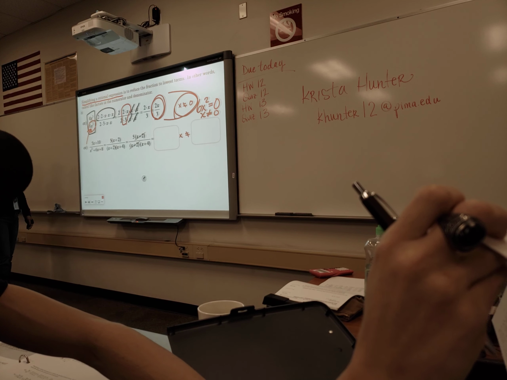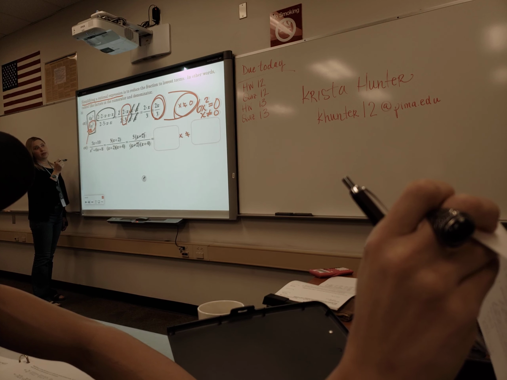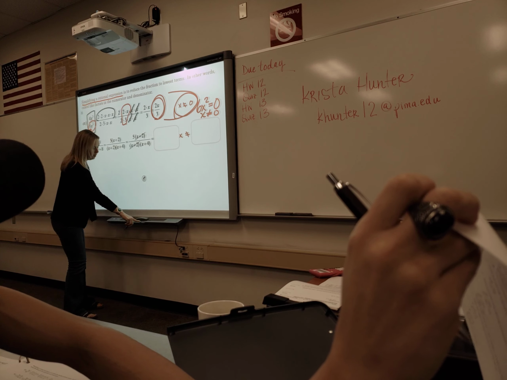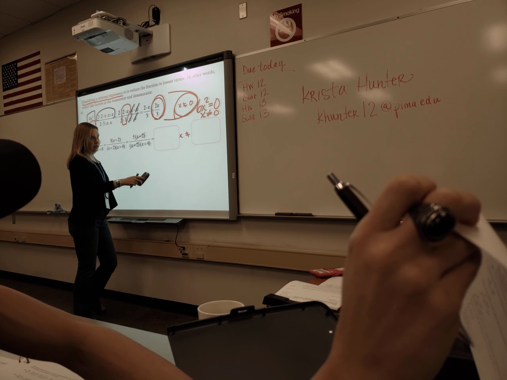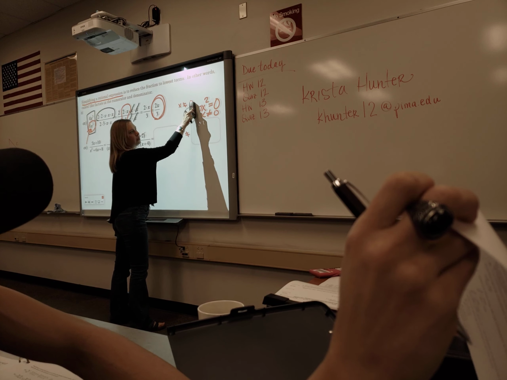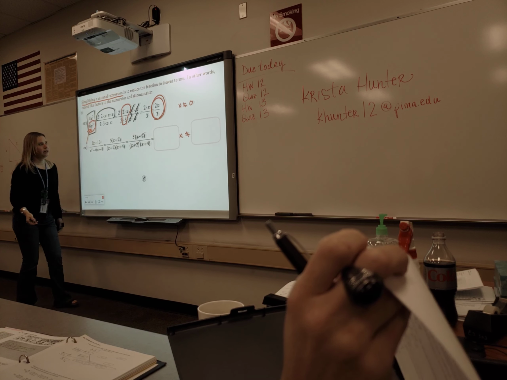Let's do another one, okay? 6x squared equals. Another example. If you're multiplying by anything and coming up with 0, it has to be 0.